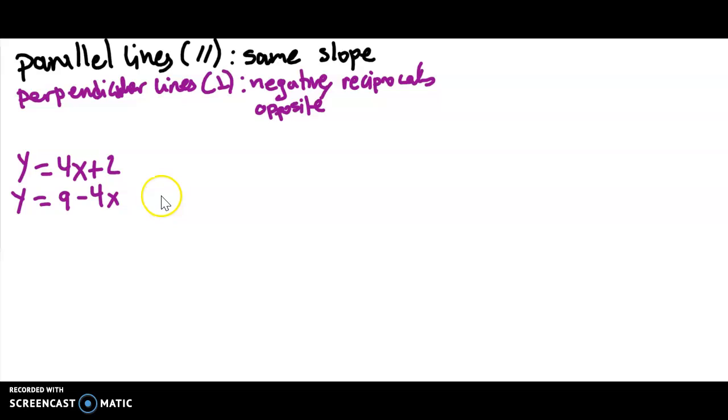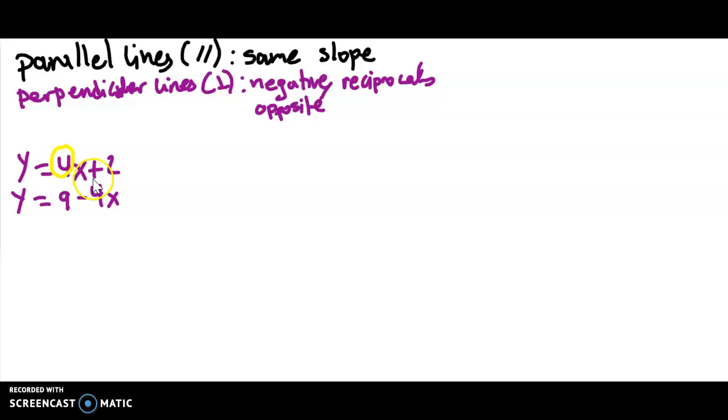They're asking if the lines are parallel, perpendicular, or maybe they don't have any correlation. So you have to go and check their slopes. Remember, the slope of the equation would be the number in front of the x if the equation is y equals mx plus b. So the slope here is 4.